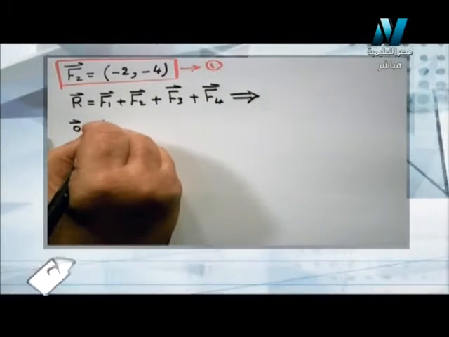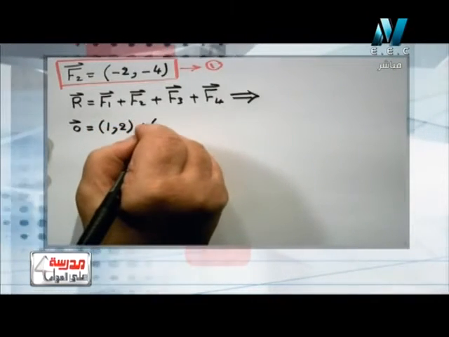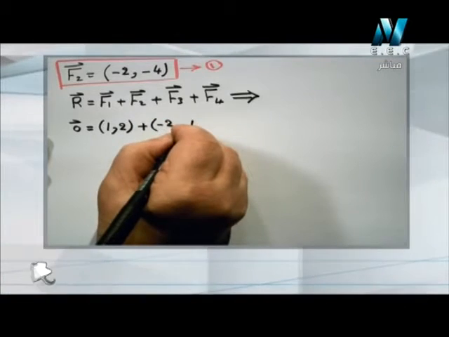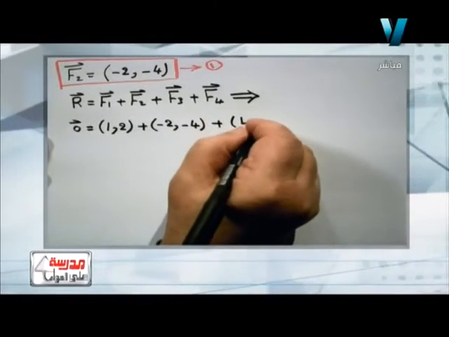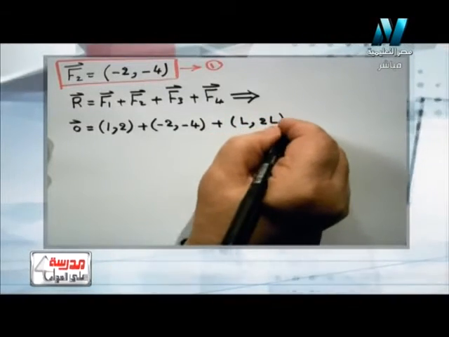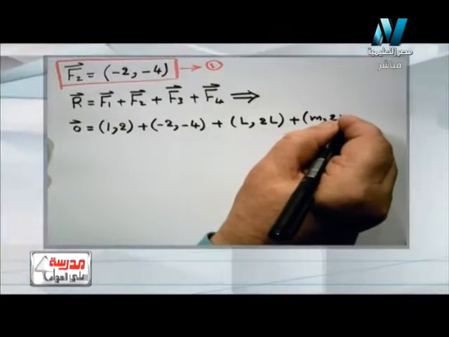F1 ordered pair 1 and 2, F2 negative 2I negative 4J, F3 L and 2L, F4 M and 2M equals 0.